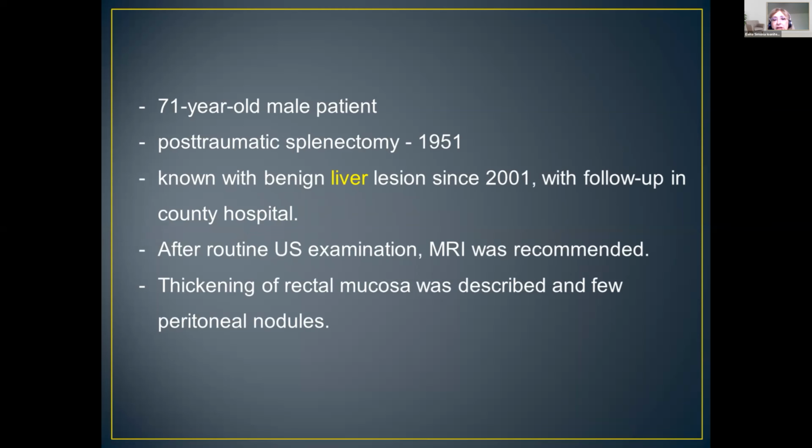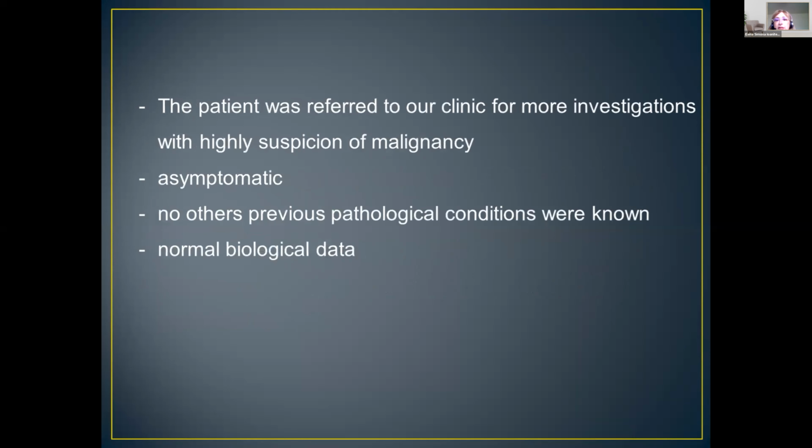After one routine ultrasound examination, MRI was recommended, and MRI described thickening of rectal mucosa and few peritoneal nodules. So the patient was referred to our clinic for more investigation with high suspicion of malignancy. The patient was asymptomatic, no other previous pathological condition were known, and with normal biological data.